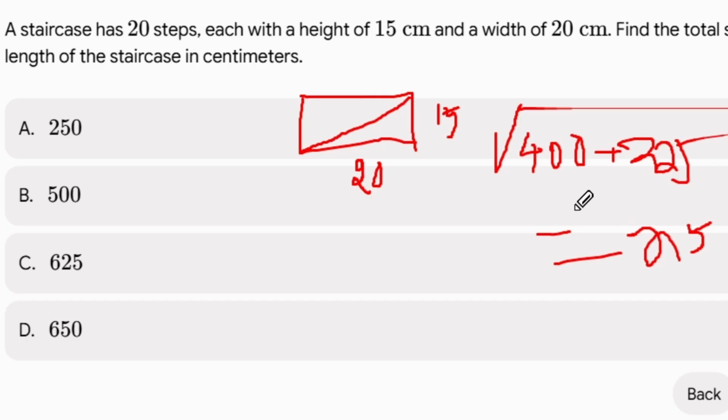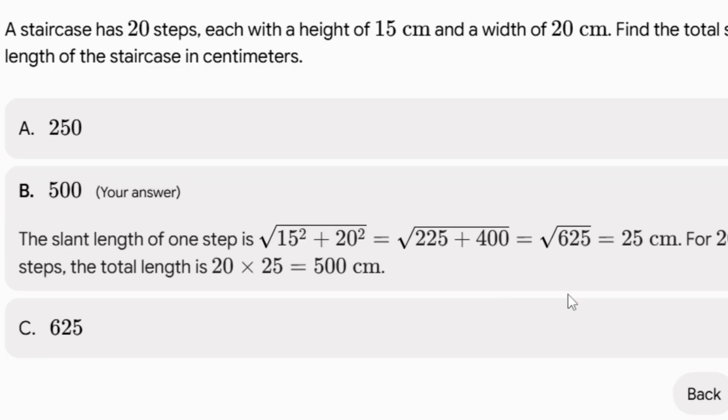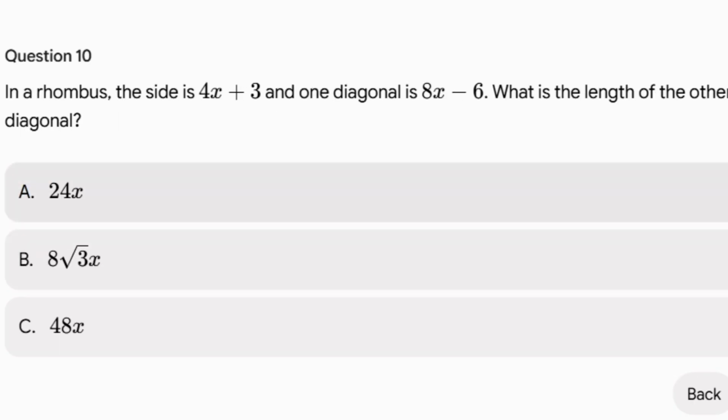This is the slant length of one step. We have 20 steps. By multiplying with 20, we get 500. This is the total slant length. Option B, correct answer. Next problem.